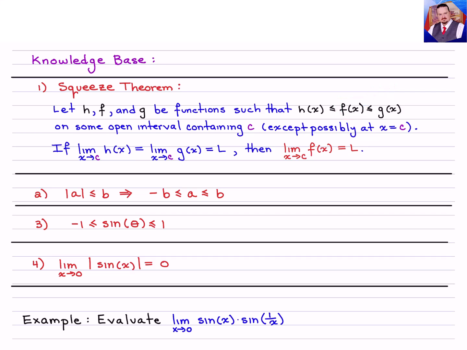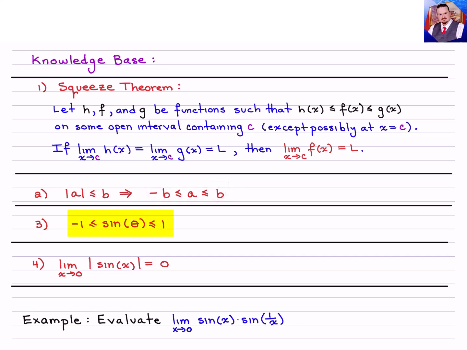Okay, we'll need to know a simple fact about absolute values. If the absolute value of a is less than or equal to b, here b, of course, is positive or non-negative at least, then a is between negative b and b. We'll use that.